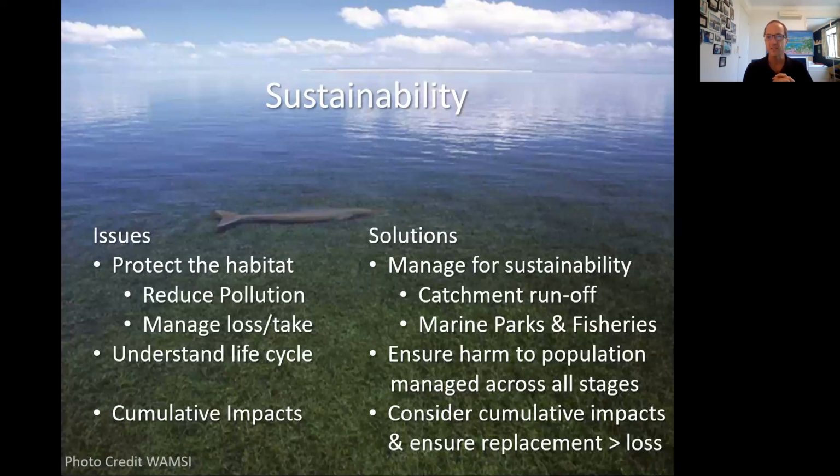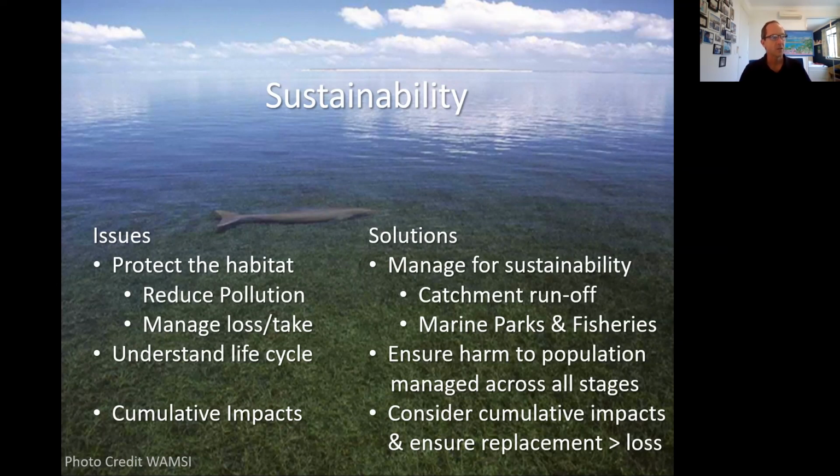So that's the other thing to think about: how are human activities increasing the death rate of these animals, and is the birth rate or the rate of recruitment sufficient to sustain both natural loss as well as human-induced additional loss?